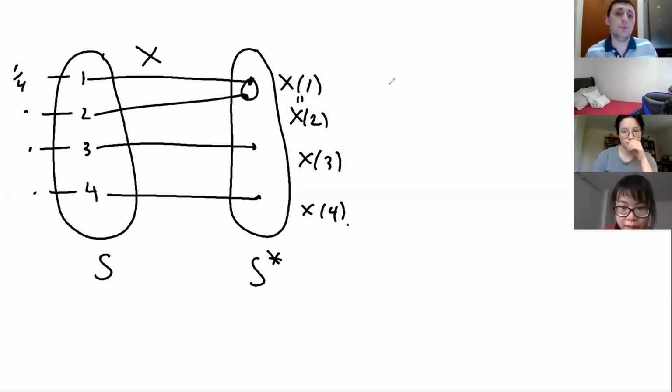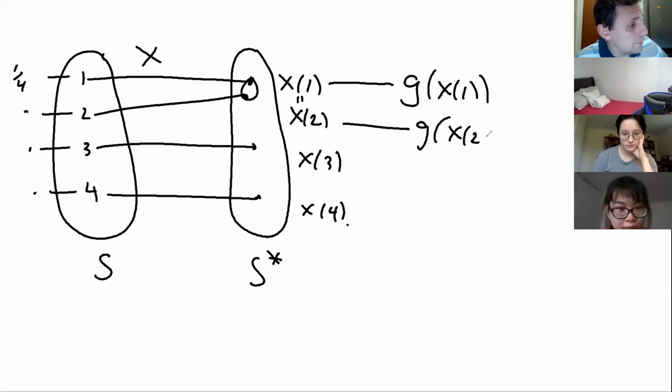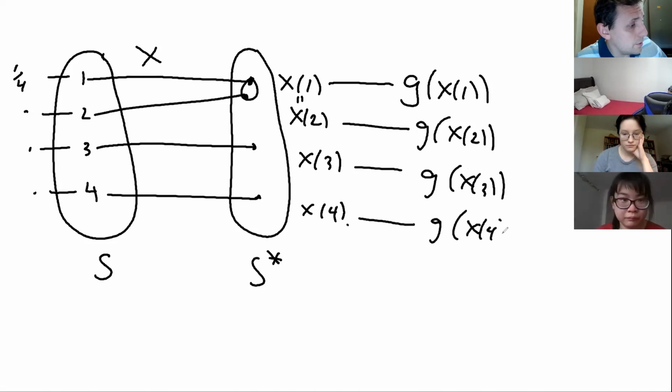Then we can describe all sorts of further relabelings, right? For instance, this can be relabeled as g of x1, and this as g of x2, g of x3, g of x4.